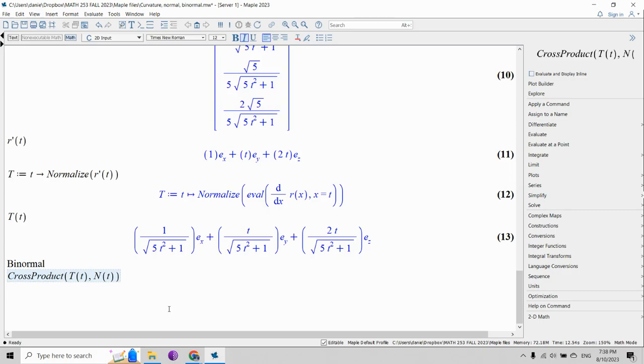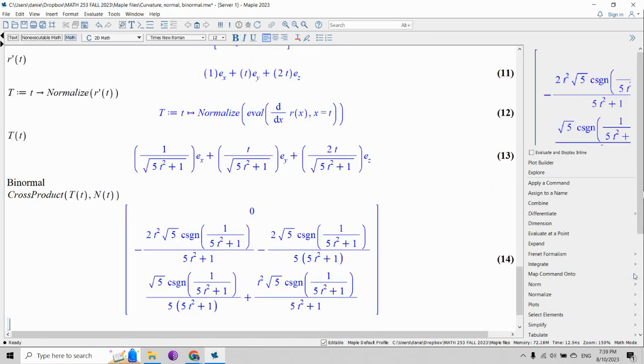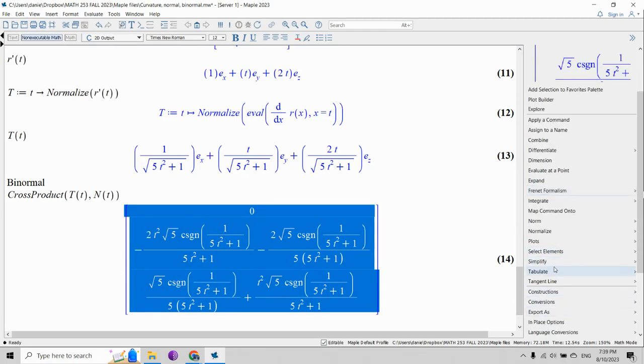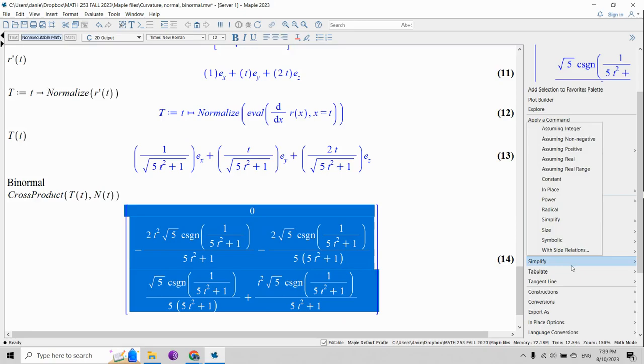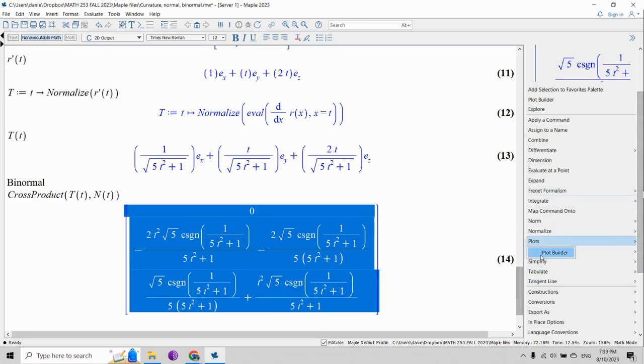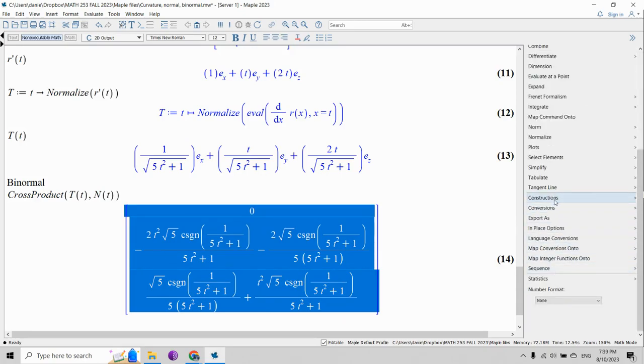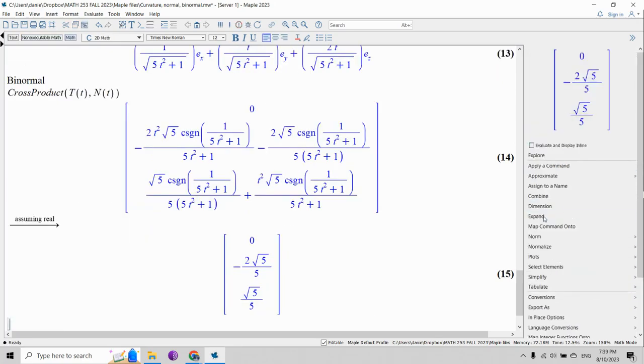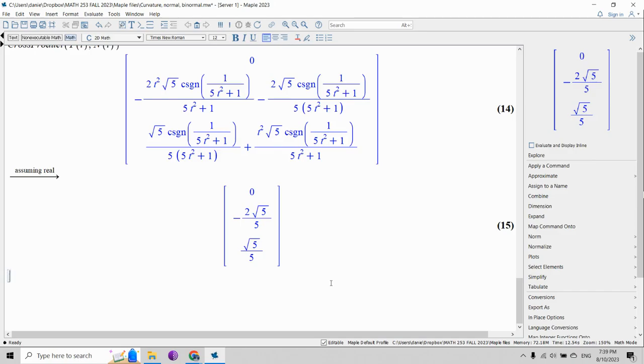And since we're in Maple here, we can ask Maple to do the cross product in terms of t, which is obviously tedious by hand, right? So cross product, again, tell Maple to simplify, assuming real numbers. And it so happens in this case that it doesn't depend on t at all.